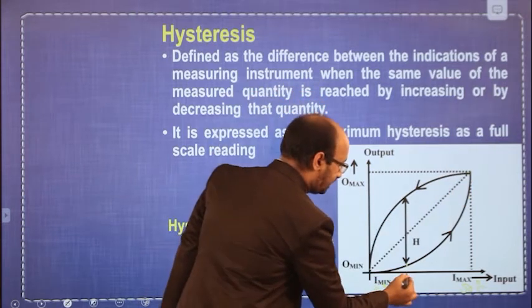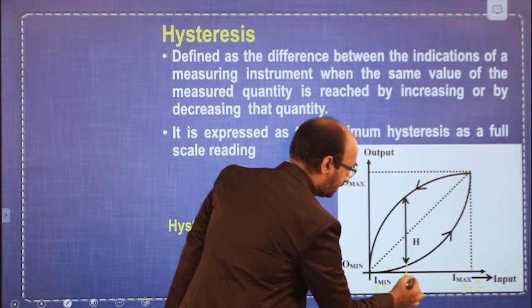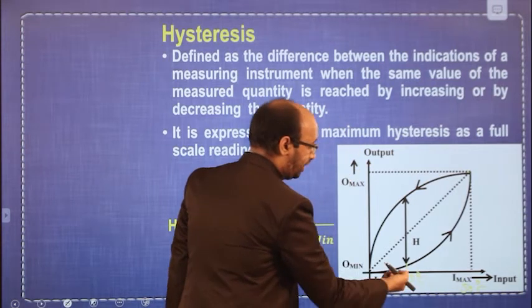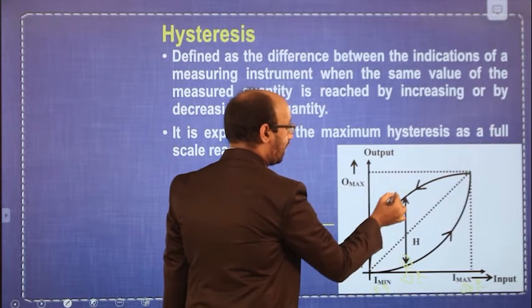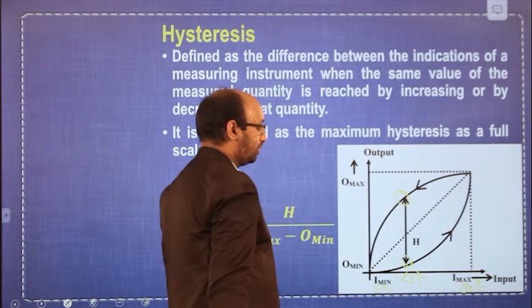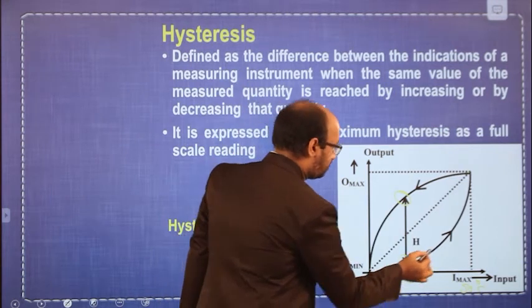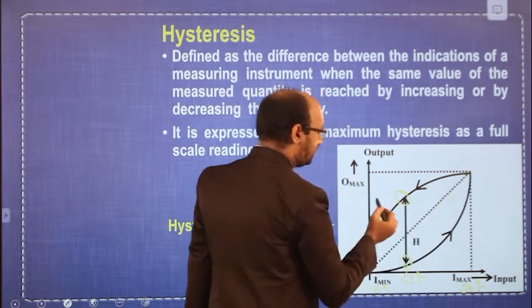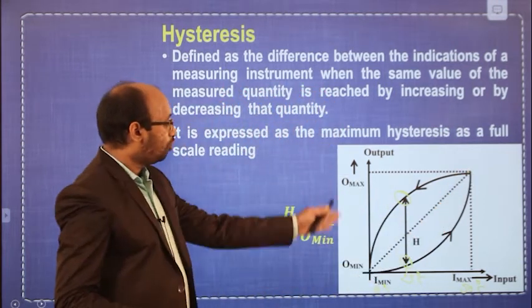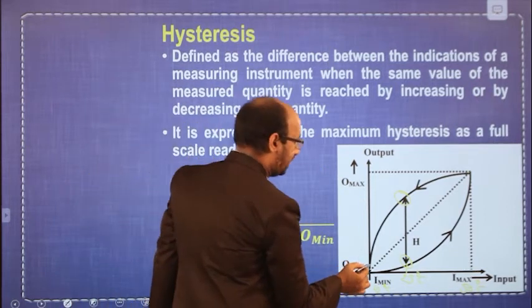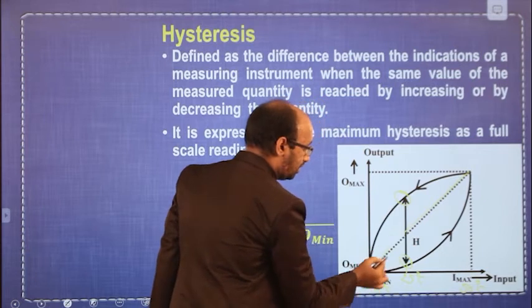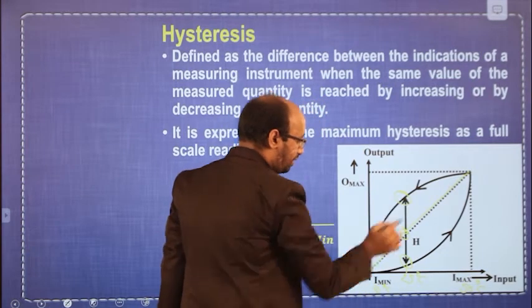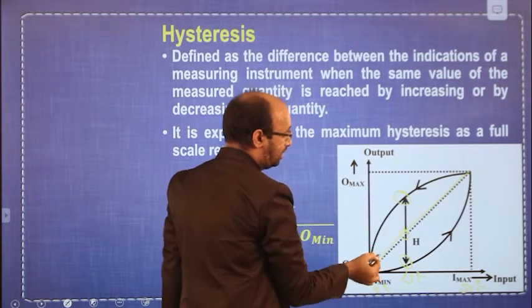So let us say this is 25 degrees centigrade. At 25 degrees centigrade we have two output values for the same input, when the input is approached while increasing and while decreasing. Ideally, while increasing and decreasing, the instrument should follow the same path, ideally a straight line path.